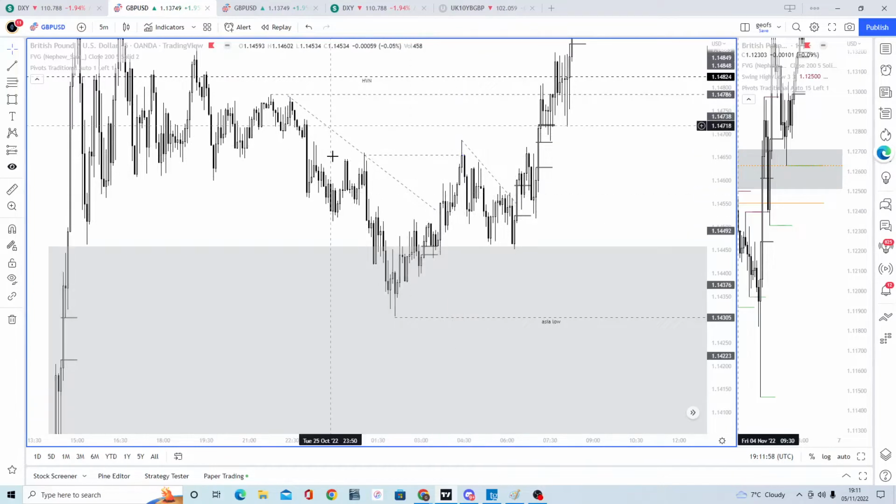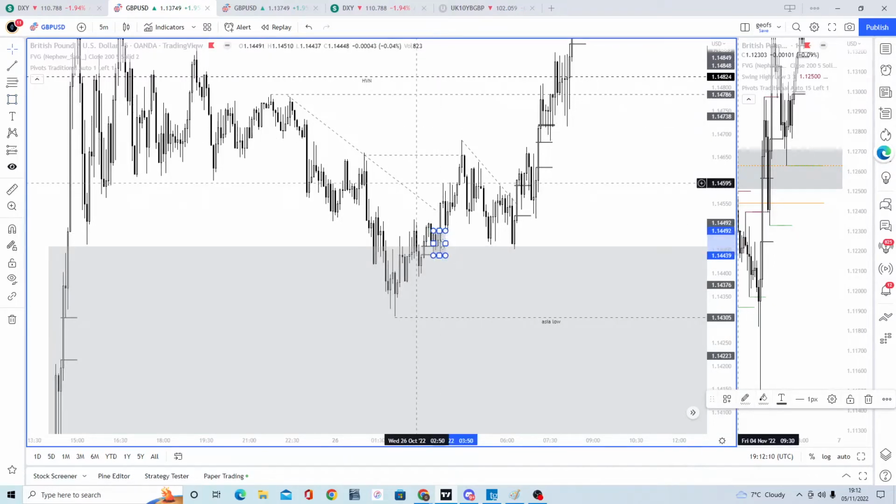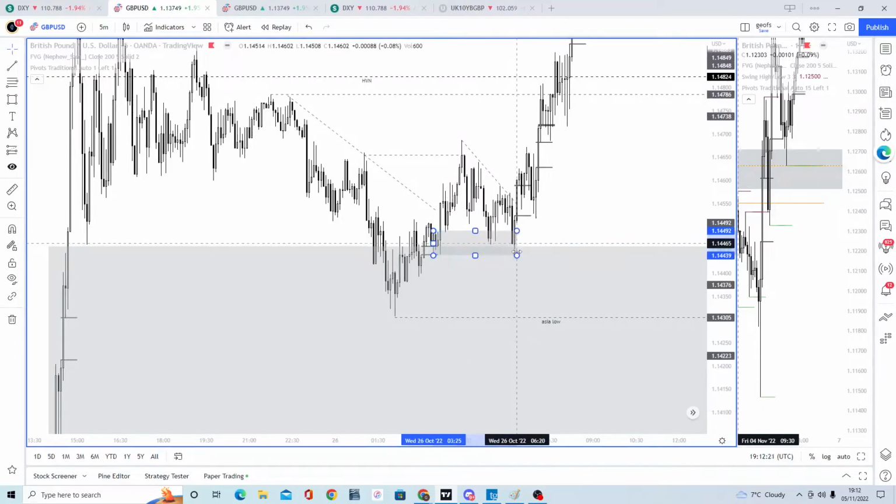So where you've got to identify the demand in 5 minute, the break of structure, and it appears to be around here. Now, there is some hindsight bias here because we know what's happening, but this trade was taken in advance. This is just for demonstration purposes. So this is M5 demand.